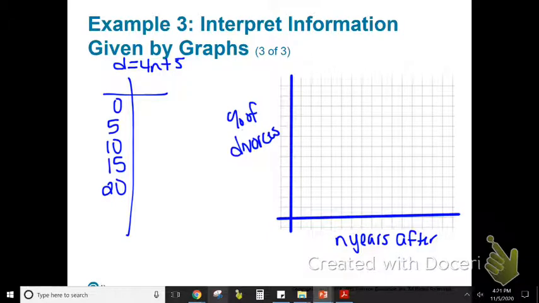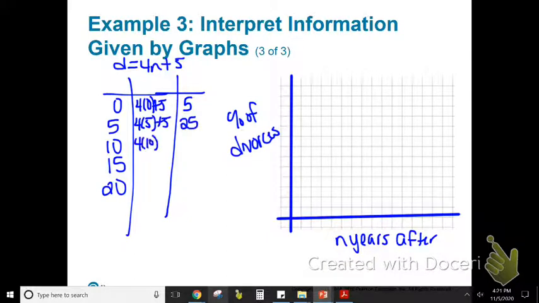So plug in 0, 4 times 0 is 0, plus 5 is 5. 4 times 5 is 20, plus 5 is 25. 4 times 10 is 40, plus 5 is 45. 4 times 15 is 60, plus 5 is 65. And 4 times 20 is 80, plus 5 is 85.